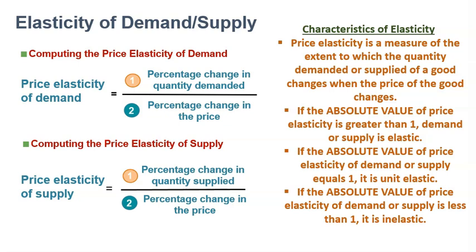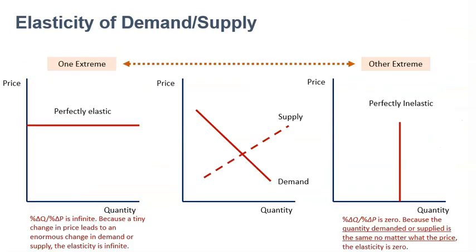If the absolute value of price elasticity is greater than 1, demand or supply is elastic. If the absolute value of price elasticity of demand or supply equals 1, it is unit elastic. If the absolute value of price elasticity of demand or supply is less than 1, it is inelastic.